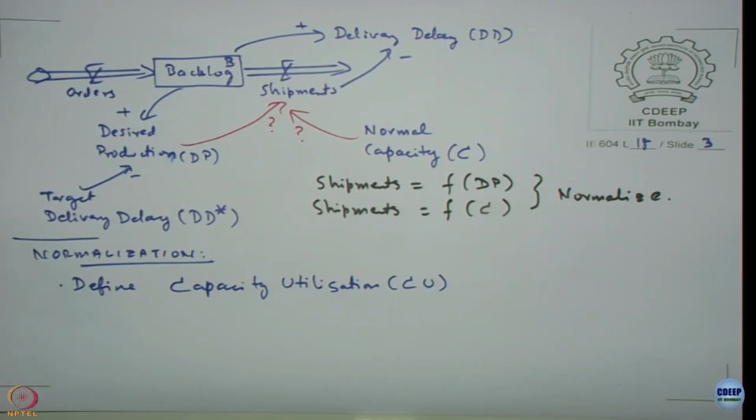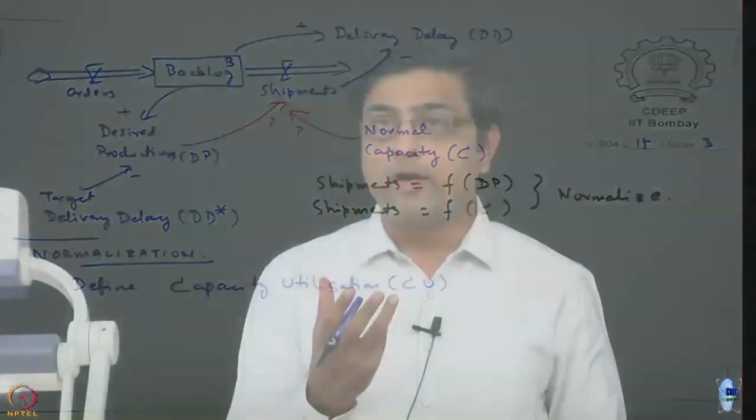Many of you will have come across capacity utilization. What you are saying is how much of the capacity has actually been utilized. Once you define capacity utilization, your shipment should be nothing but the product of the normal capacity multiplied by the utilization of the capacity, correct. So if I am using 80% of the capacity, that means the shipment should be 80% of the actual capacity, right. That should give me your shipments.